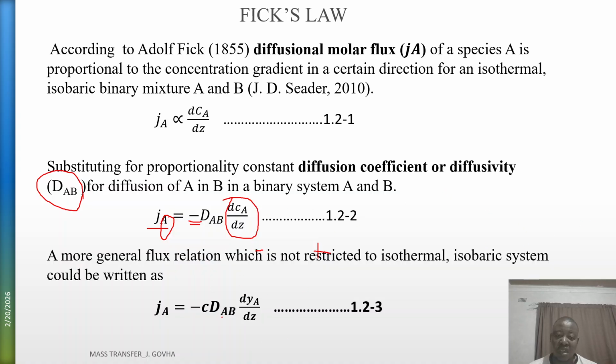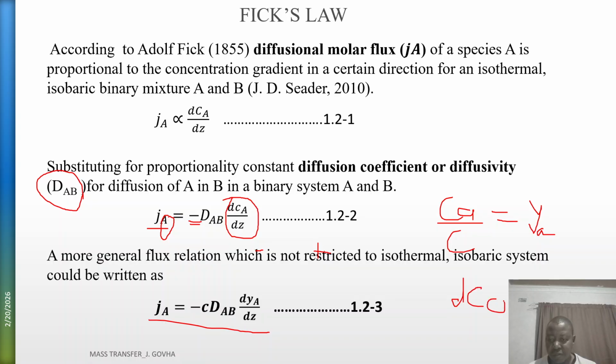You can arrive at this equation simply by knowing that CA over C total concentration is equal to the mole fraction. Then differentiating both sides, you'll be left with dCA equals C, because that's a constant, times dy there.